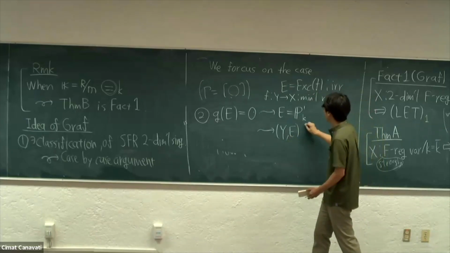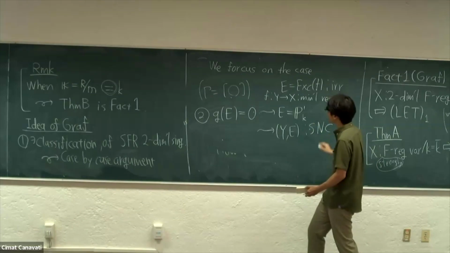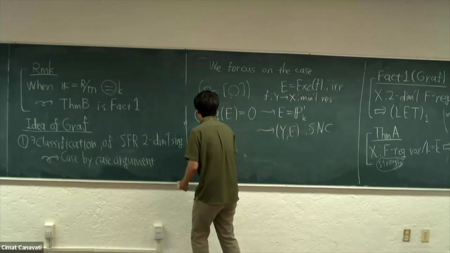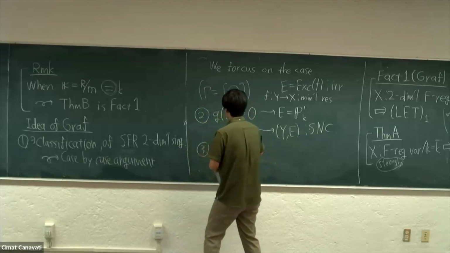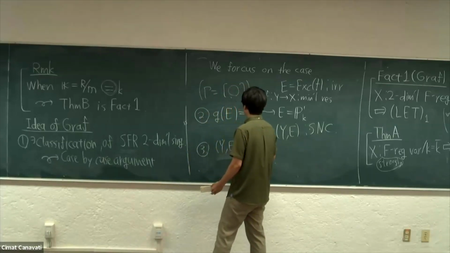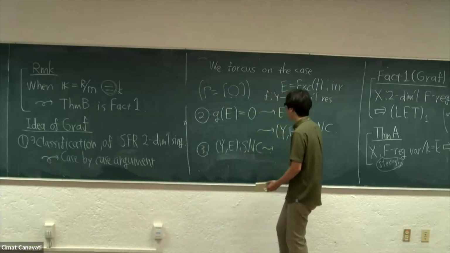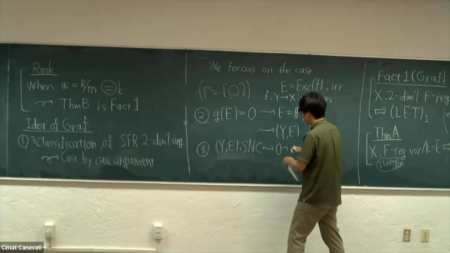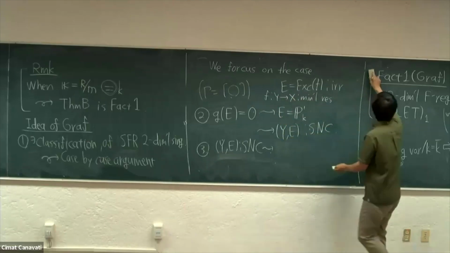The pair of Y, E is of course simple normal crossing, and if simple normal crossing, then there is a good exact sequence, which is called the residue exact sequence and the restriction exact sequence. I will write here.